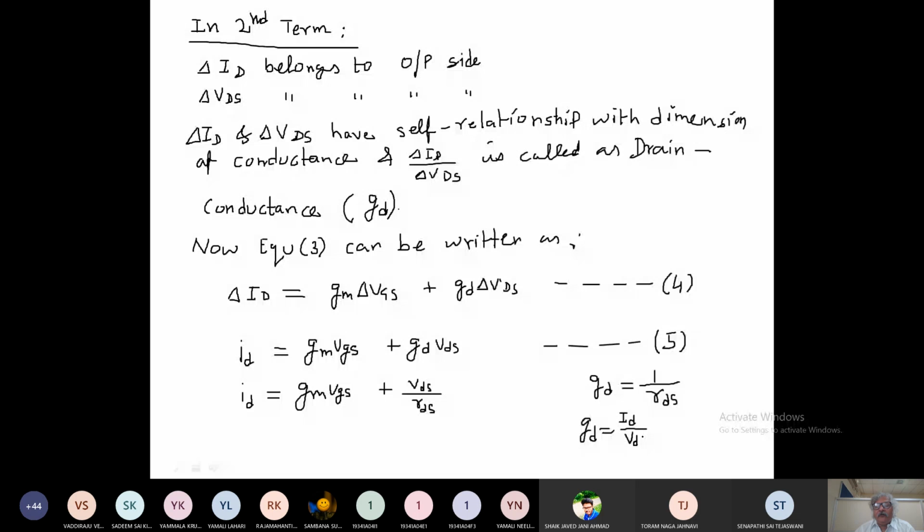And if you reverse this, VDS by ID, this is my drain on resistance.